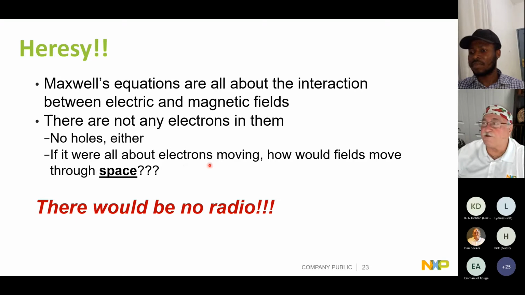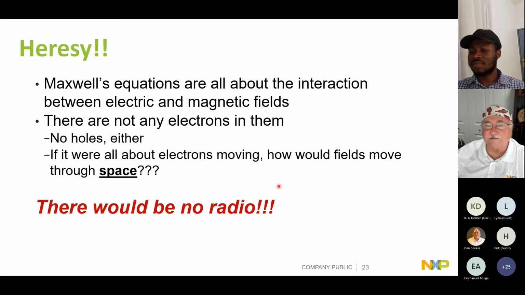If it was electrons moving through wires, there wouldn't be any radio. Think about that. We somehow decided that when you take the energy and put it on a circuit board, it changes from electromagnetic field moving in space into electrons flowing in the conductors. And that's why we have so many problems now.